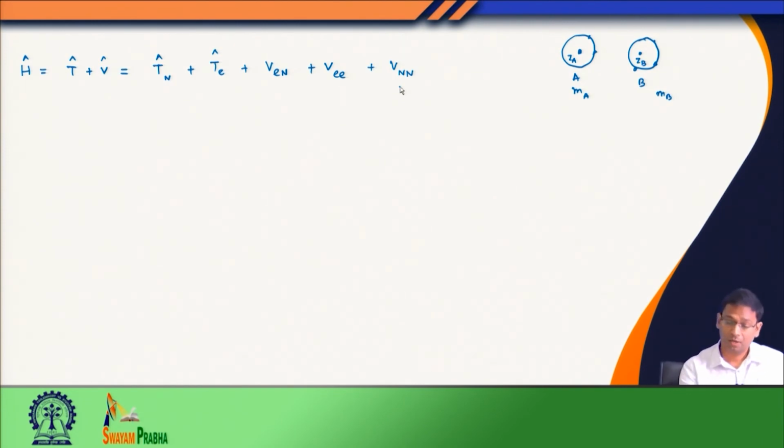Now, when you talk about this EN or EE term, let us define that we have capital N number of nuclei and small n number of electrons. When I form the molecule, suppose this is lithium and this is hydrogen, I am talking about LiH.